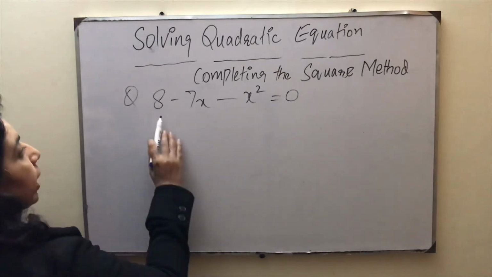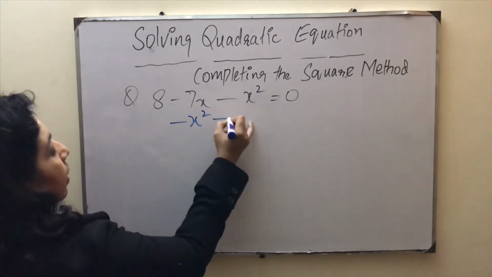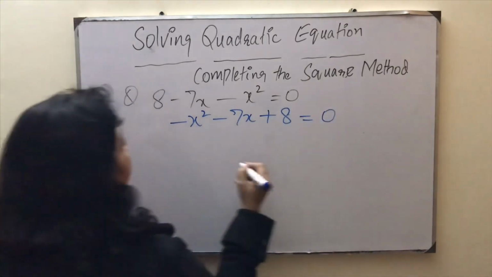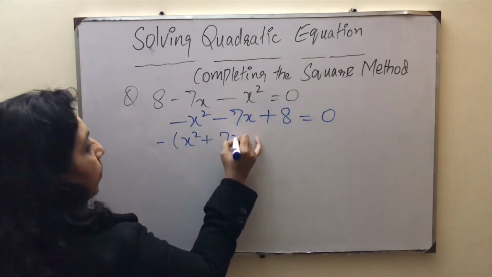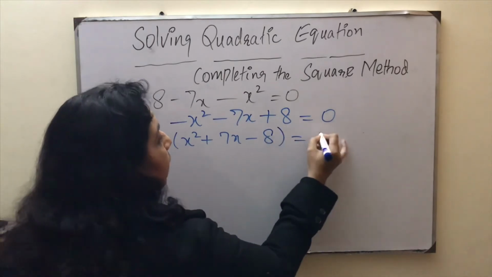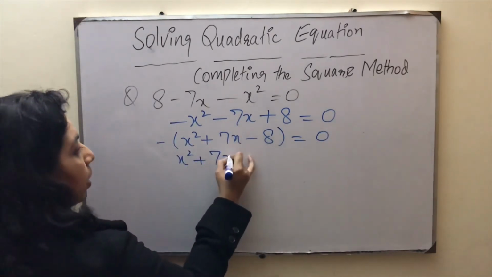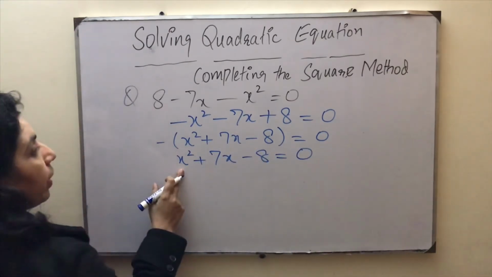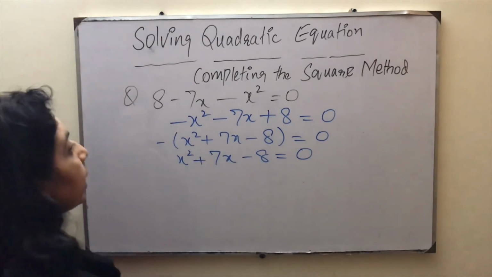The next question is 8 minus 7x minus x square. First I shall write it in standard form. I will recommend you to take the negative sign outside and take it to the other side and multiply it with 0, or in other words just change the signs of all the terms to make the first term positive or to make the solution easier.